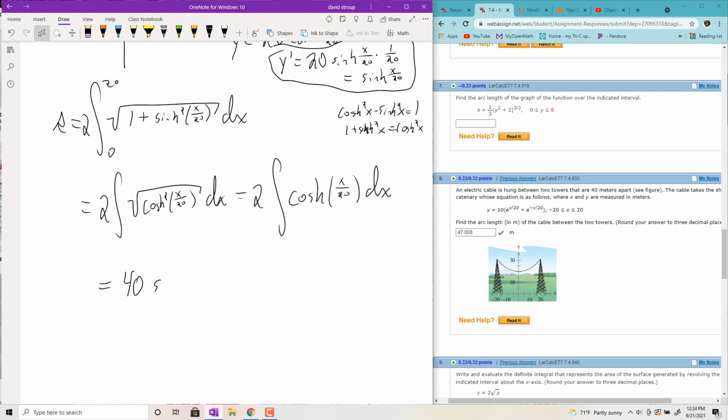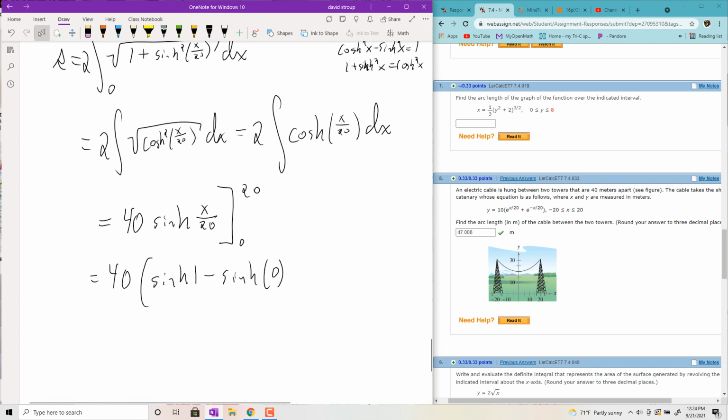The integral of cosh is sinh. And that would be sinh of u, but then back substituting, you'd get x over 20. And then evaluate from 0 to 20. So you'd end up with 40 times sinh of 1 minus sinh of 0. And then remind yourself what sinh is. Sinh of x is equal to e to the x minus e to the negative x over 2.